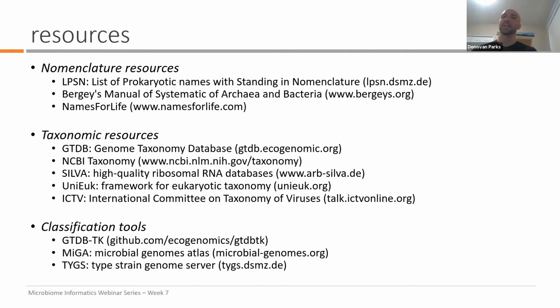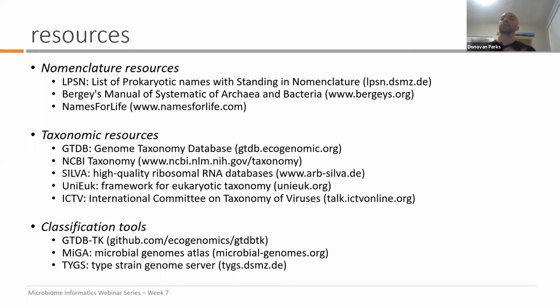There's the NCBI taxonomy. This covers, of course, all domains of life and is applied not just to full genomes, but also 16S sequences and basically all the different genetic information that they have in their different repositories. If you're interested in 16S or 23S sequences, the most common resource these days is Silva.